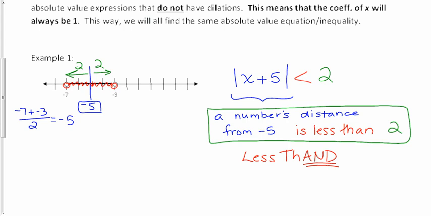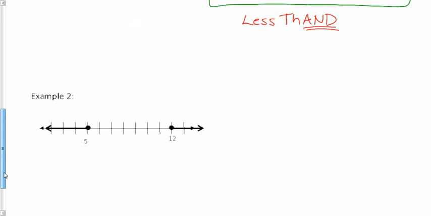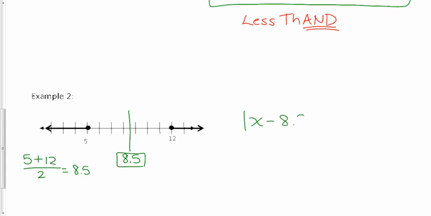Let's try example number 2 using the same technique. First, we need to find the center. The center between 5 and 12 is their midpoint, or average. That's 8.5. So when I'm writing my inequality, I'm going to have the absolute value of x minus 8.5.